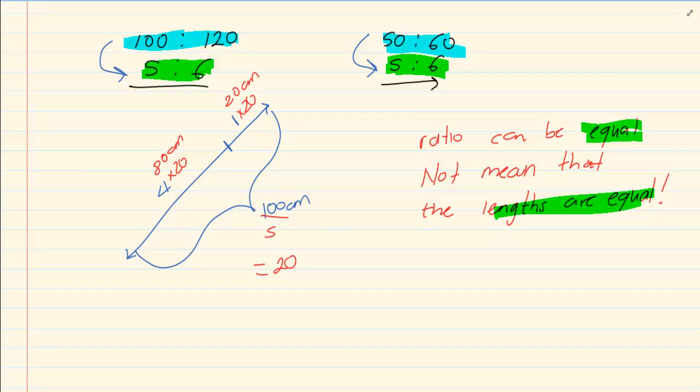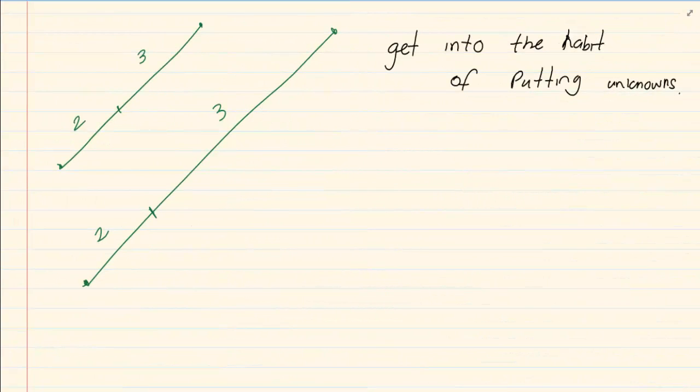Now, since we are emphasizing that, if I give you a line, when you are working with ratios, get into the habit of putting unknowns. So make this K, make this P. But what it tells me immediately is that yes, the ratio is equal, but the value or the length is different.